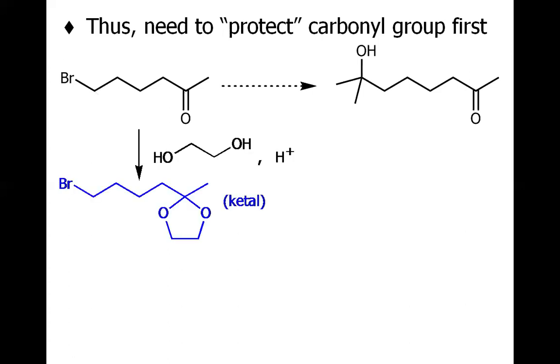So the strategy is to make the acetal of this carbonyl, because we want to protect it from the attack of the Grignard reagent. So just treat this carbonyl with the diol under acidic condition to have this ketal. And you know, this ketal is stable under basic or neutral condition, as we discussed.